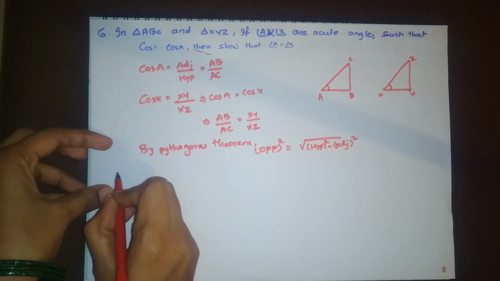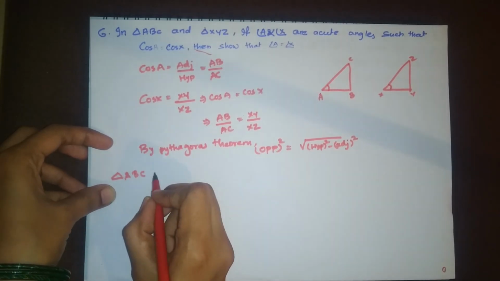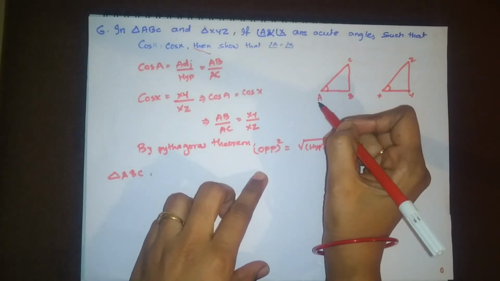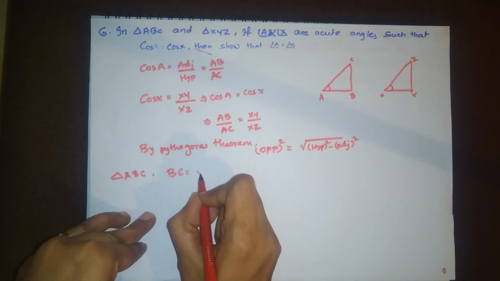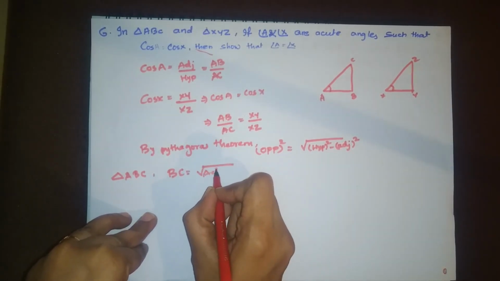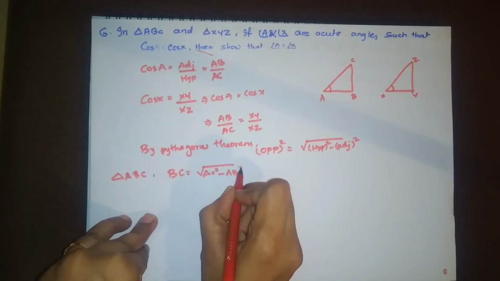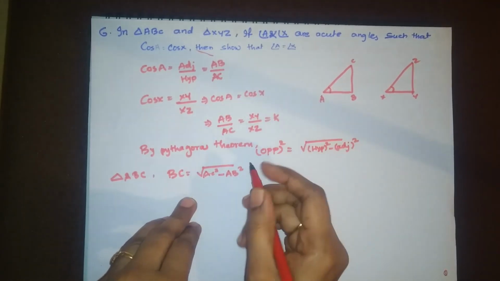Now for triangle ABC, what is opposite to angle A? BC is equal to the square root of hypotenuse AC square minus adjacent AB square. Let's consider both these ratios equal to a constant K.